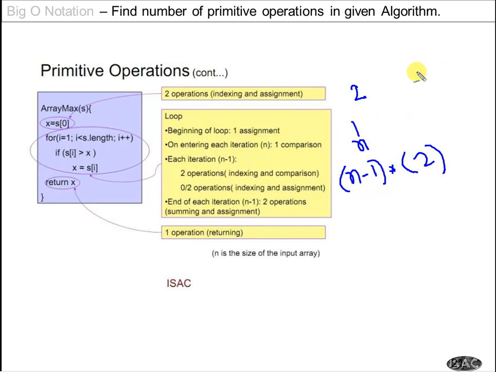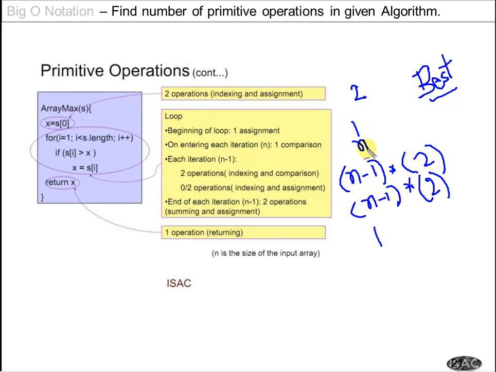This is our best case scenario. We'll add 2 plus 1 plus n, then n minus 1 times 2, and then n minus 1 times 2, and then there is 1.